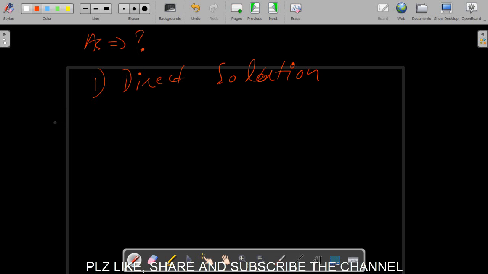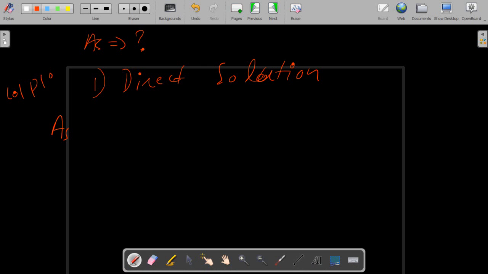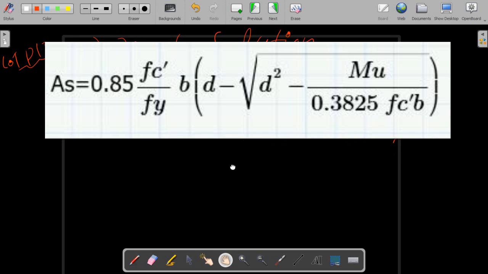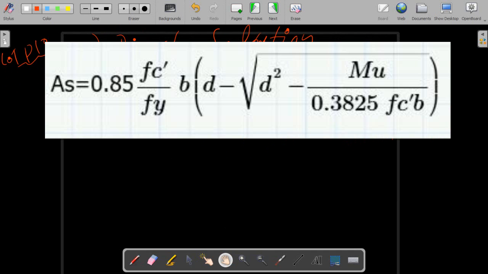We know a well-known equation which I have derived in lecture 01 part 10, that is area of steel equals 0.85 fc prime divided by fy into b into 1 minus square root of 1 minus Mu divided by 0.3825 fc prime into b squared. This is a well-known equation, and it will give you the same result as given by the other methods. So this is the easiest method.